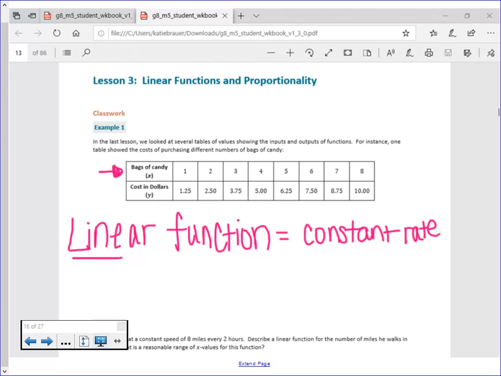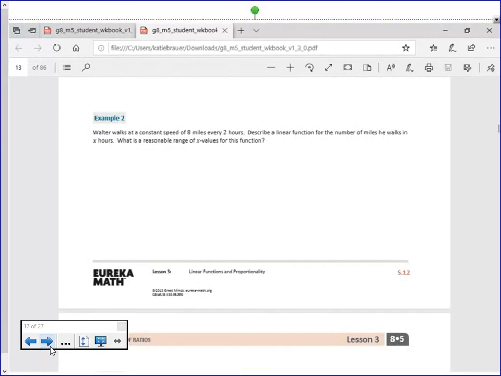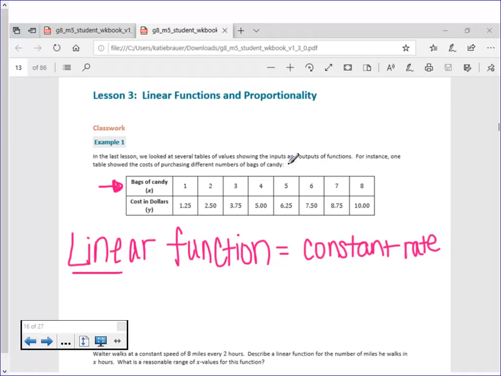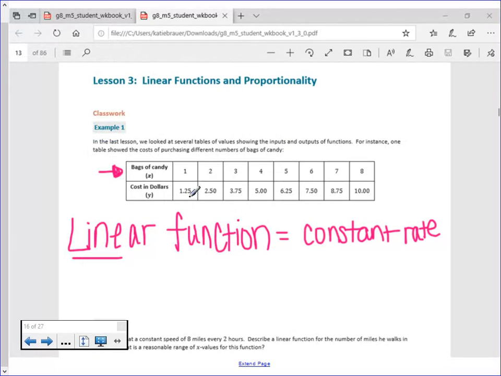So we're going to kind of move on and look at example 2. I guess if you wanted to, you could see if this had a constant rate. If you took 125 divided by 1, you'd get 125. If you took 250 divided by 2, you would still get 125.